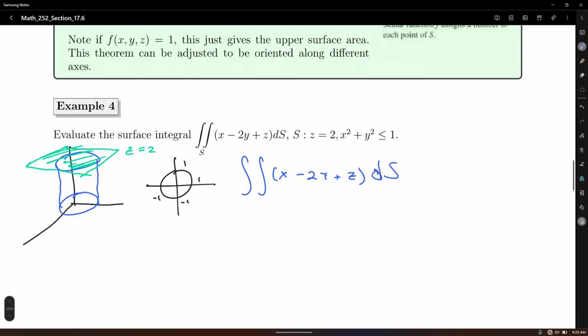Be careful. This is no longer an upper surface area. So we're finding the mass of this shell given by that region with density given by x minus 2y plus z.